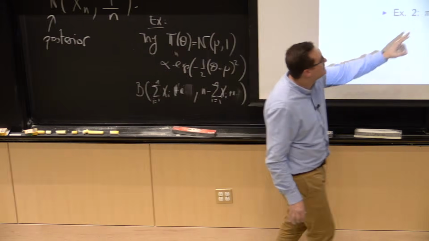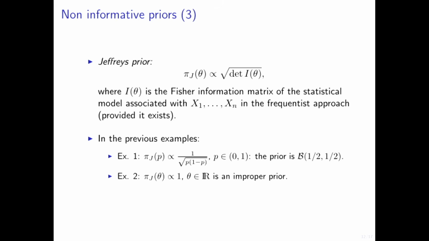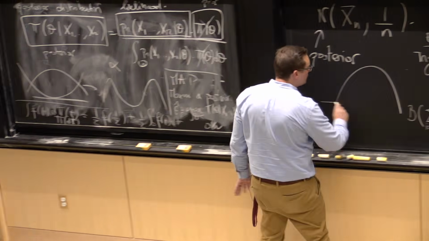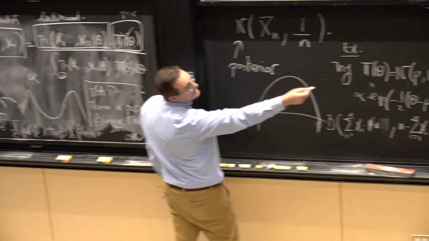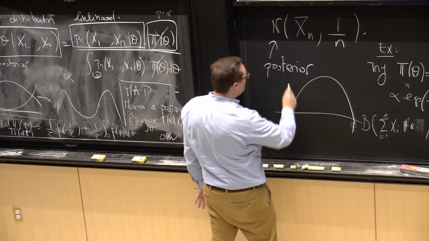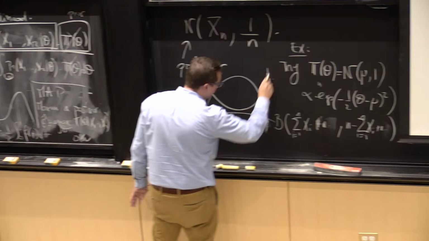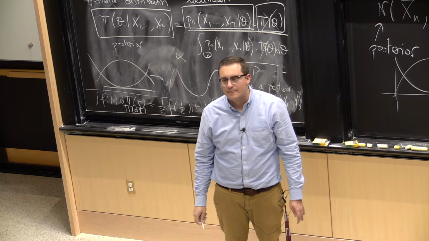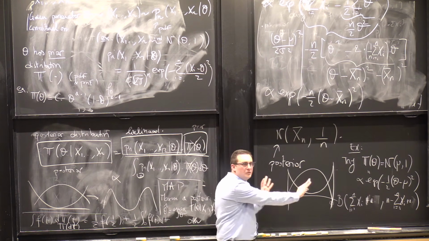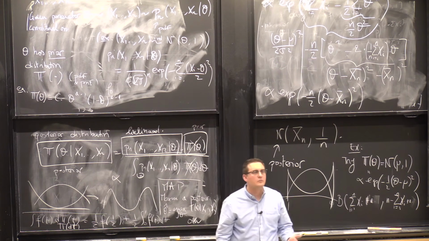So what I do is I take this function. p(1-p), remember, is something that looks like this on the interval 0, 1. So this, 1 over the square root of p(1-p), is something that looks like this. Agreed? And so what it's doing is pushing towards the p's that actually carry more information.